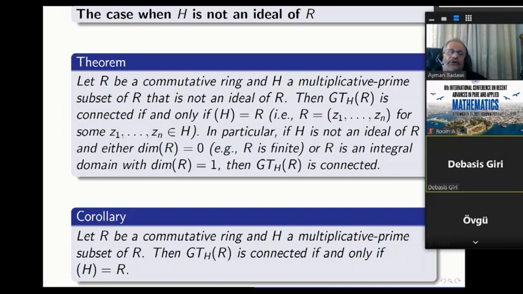That means this graph will be connected if you can find some elements in H, Z1 up to Zn, where each element of R can be written as a linear combination of these Z1 up to Zn. That's exactly what I mean by R being generated by the ideal H. Each element in R can be written as a linear combination of Z1 up to Zn. Okay?